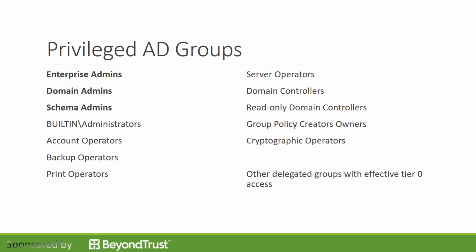Now of course you can use delegation in Active Directory to give groups and users effective privileged access to your domain controllers. That is something that you have to manually configure. It's not something that's there out of the box. But if you have done that in your domain, then you should also bear in mind that those groups and users may also have privileged AD access.